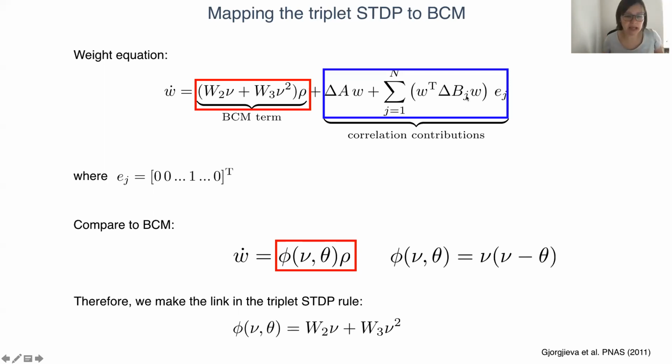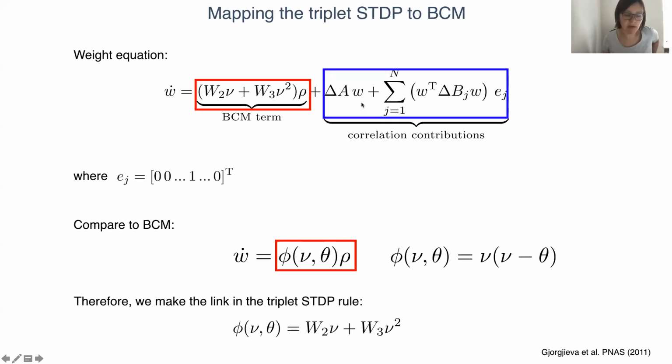And I have here chosen to use the index J. So now delta Bj is just a normal matrix. When I choose to use the index J, it's like I'm taking slices through my cube, my third order tensor of third order correlations. Otherwise, this second part is supposed to indicate mathematically the same thing as the first part.